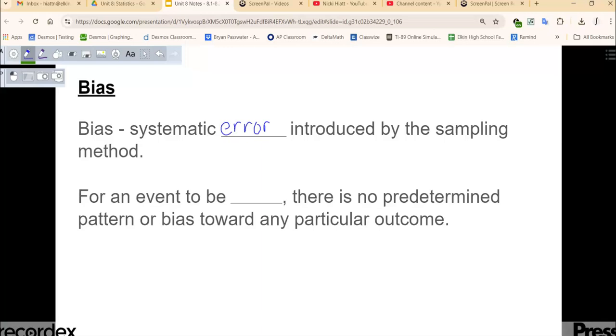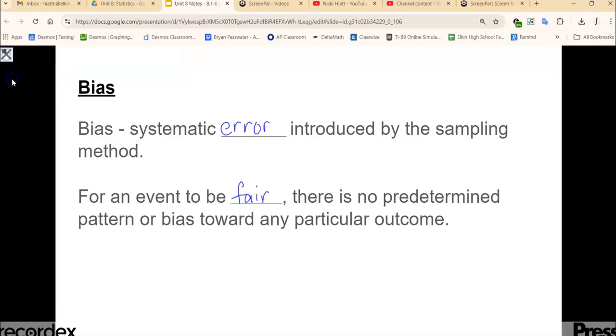So the way that you have set up how you are sampling is causing there to be error that does not actually represent the entire population. For an event to be fair, there is no predetermined pattern or bias towards any particular outcome.